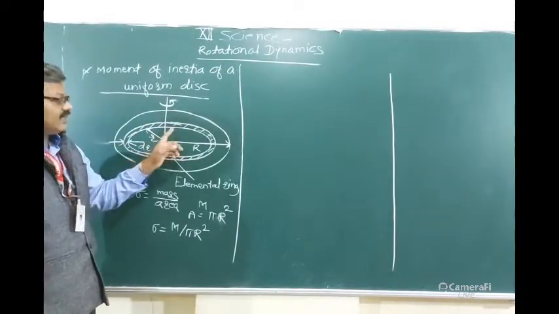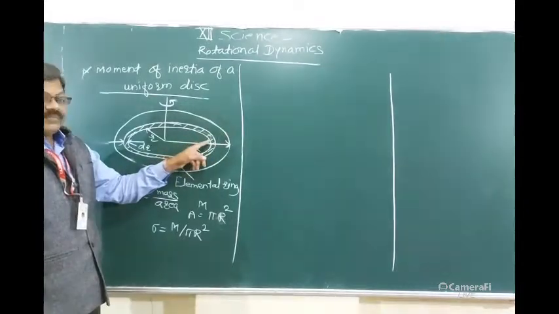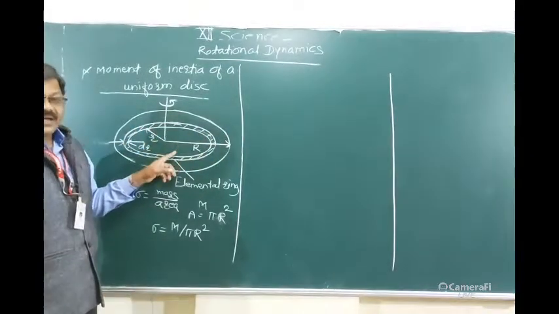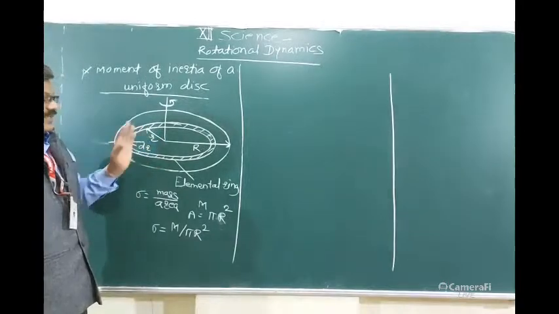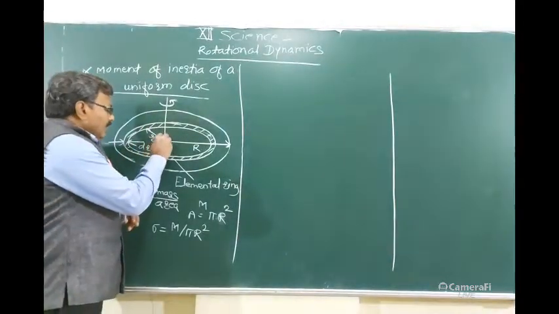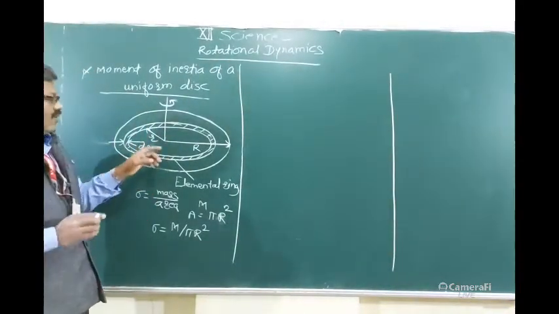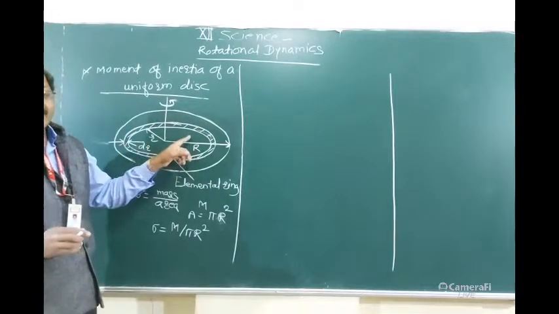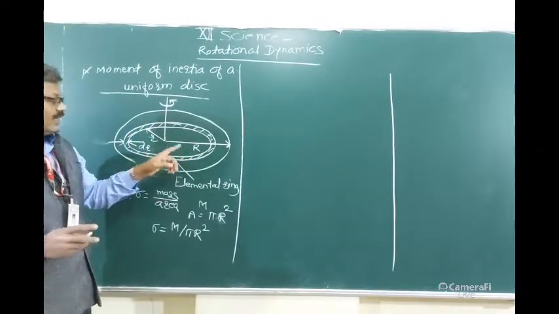Now consider it divided into small elements. The small elements are rings. In other words, consider that it consists of a number of concentric circular rings.